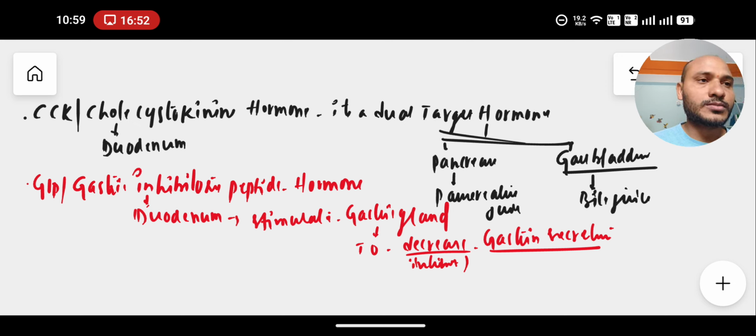So to stop the excess secretion of gastrin hormone from the gastric gland, this gastric inhibitory peptide hormone plays an important role. It not only inhibits gastrin secretion but also helps in motility. So this is all about the GIP hormone.